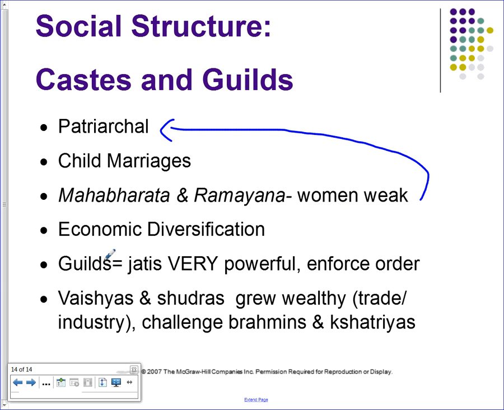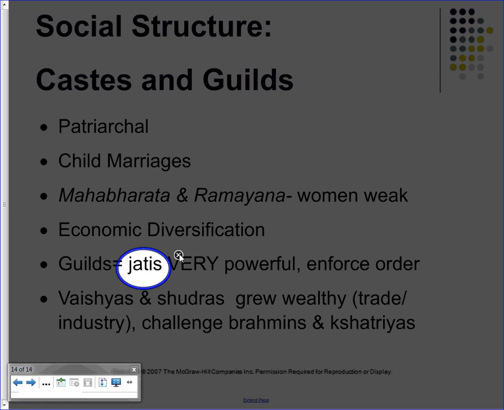Now coming to changes. With economic diversification, with the rise of towns, with all of this trade, things started to change. You had the rise of guilds. This word is very important: jati. A guild in India is known as a jati.